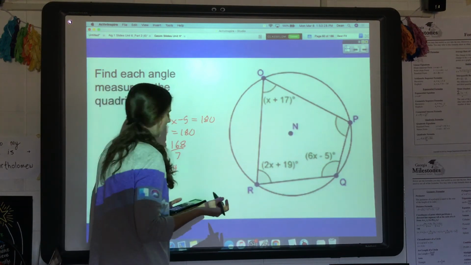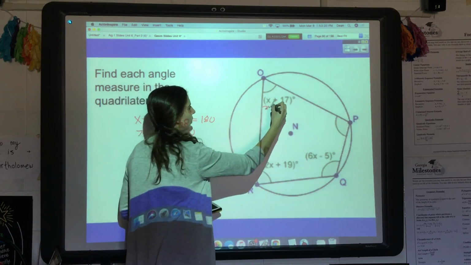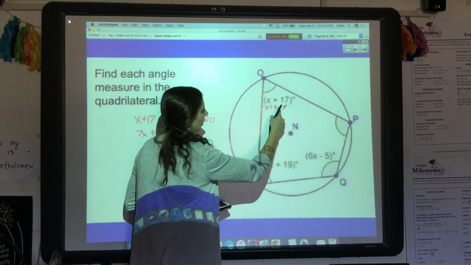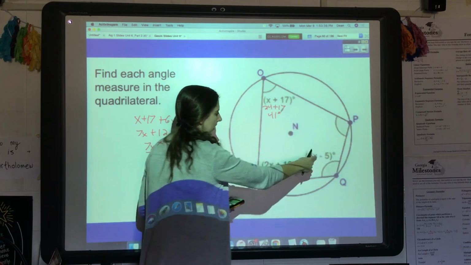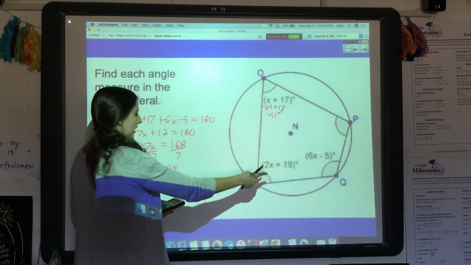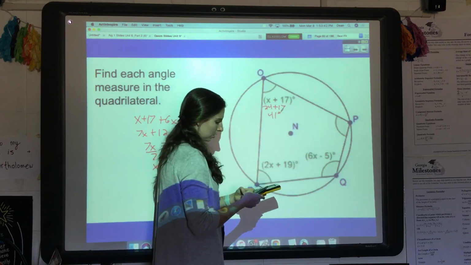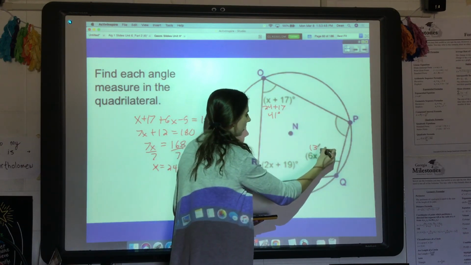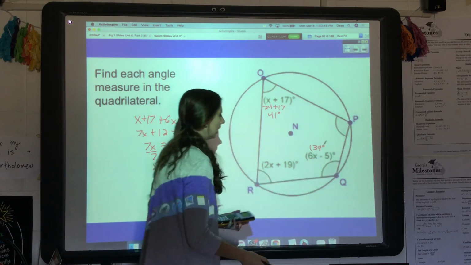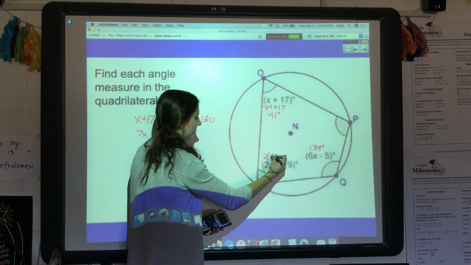So to find the actual measures of the angles, I'd put this in for x. So 24 plus 17, which would be 41. And to find this one, you could either put in 24 for x, or just do 180 minus this. So 180 minus 41 is 139. Also, I could put in x here, so put in 24 again.